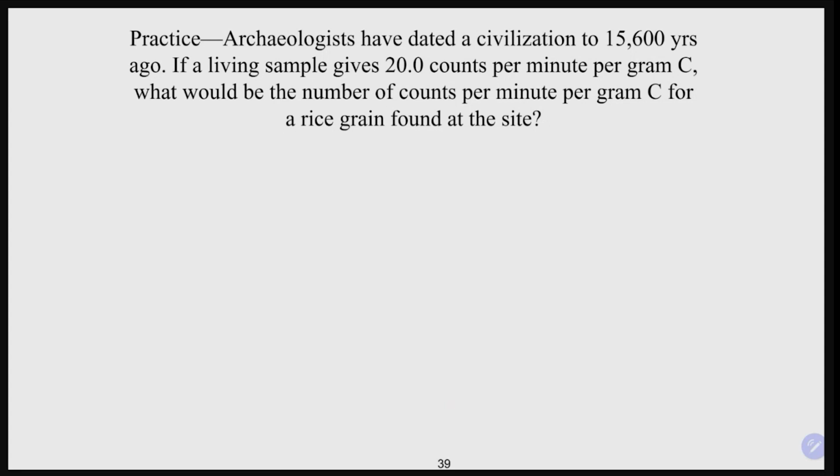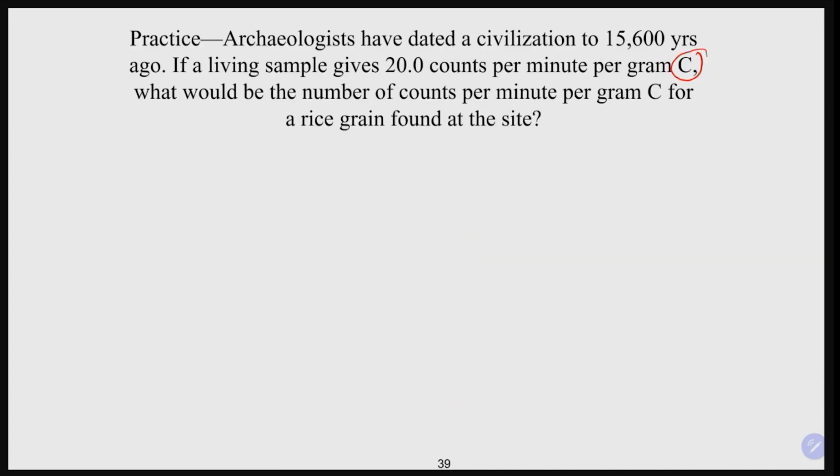So again, since it is carbon, we're going to use the same half-life as we used in the previous problem, which again is our 5730. So we're looking for how many counts per minute per gram of carbon this really old piece of rice will give. Okay, let's take a look. So here we have something that's really old.